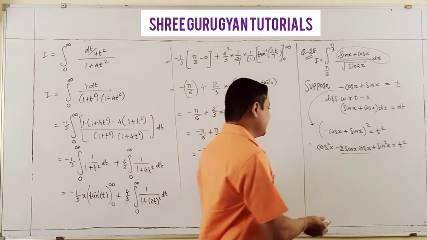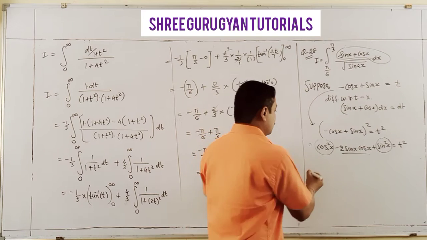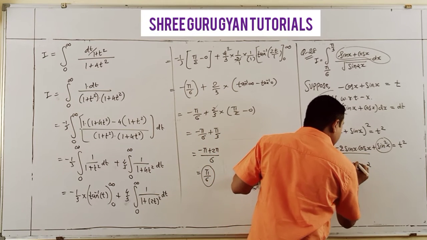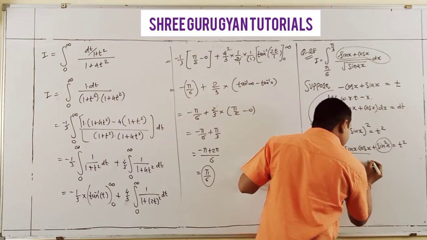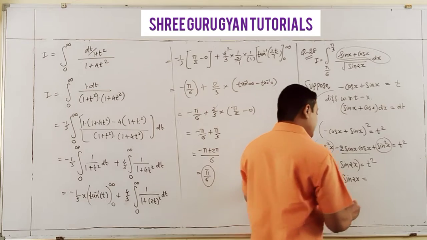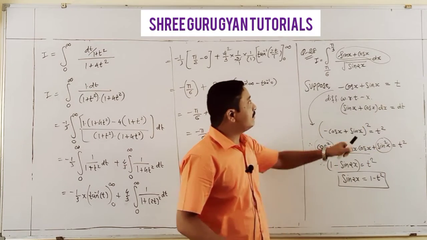Sin 2x. And this what? 1. So my value is 1 minus sin 2x, and that is your t square. So what is the sin 2x value? Yes, 1 minus t square. That value I put down there.